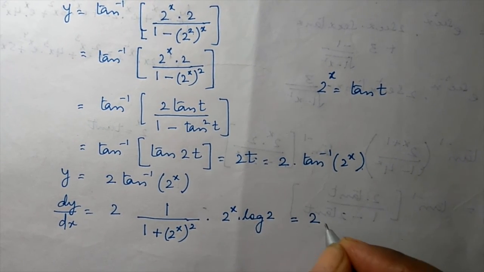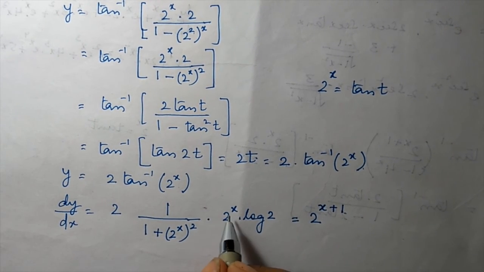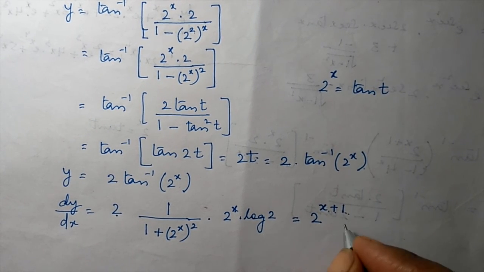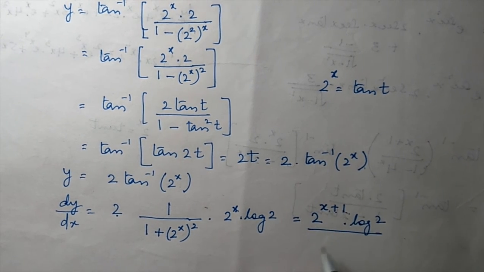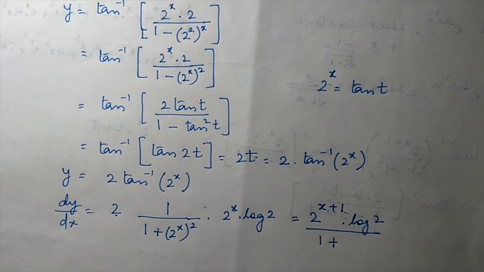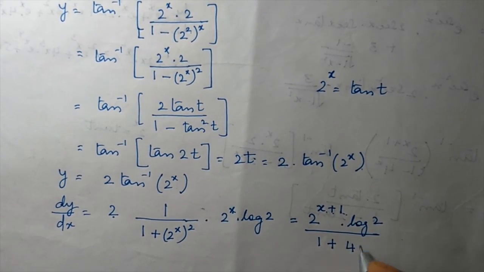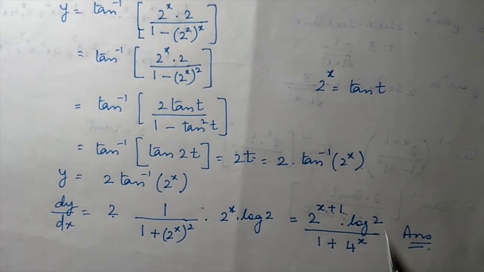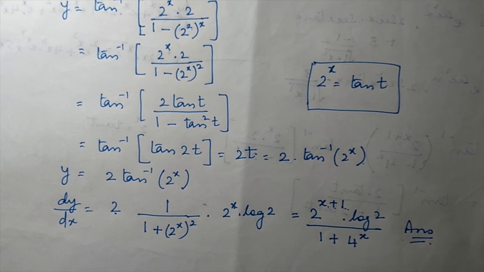I get 2 to the power of x plus 1, because this is 2 to the power of x and 1 more 2 here, so it becomes 2 to the power of x plus 1 log of 2. That is there, 1 plus this becomes, now again it's the same thing from here, I can directly write 4 to the power of x, and this becomes my answer. So the main thing was that the substitution over here was 2 to the power of x equals tan t.